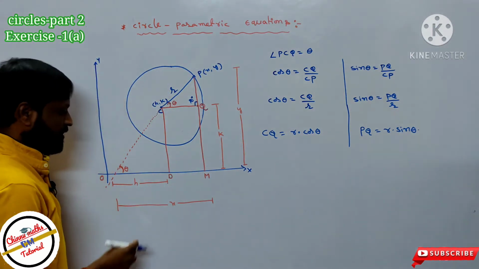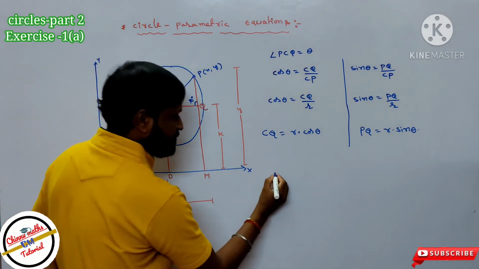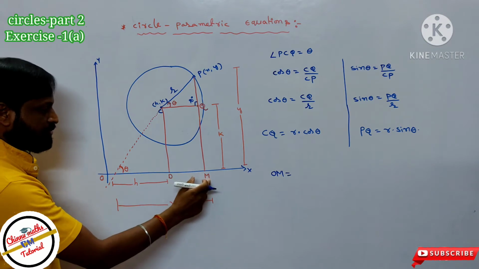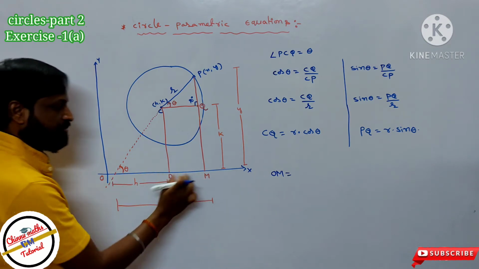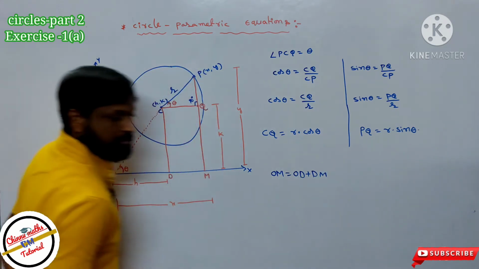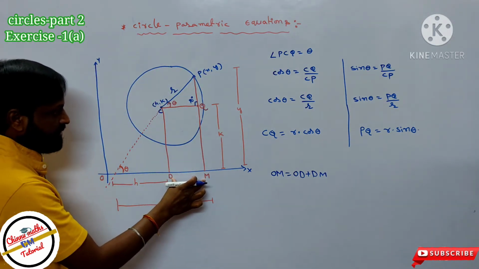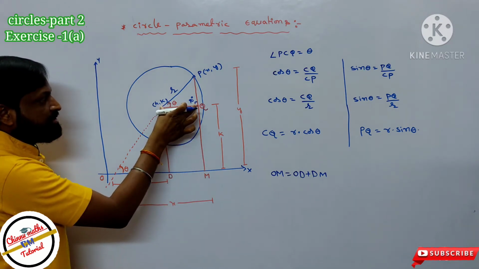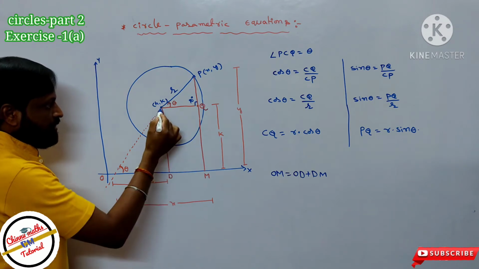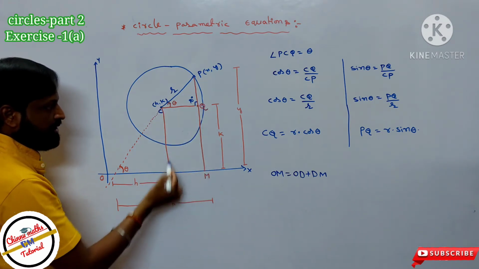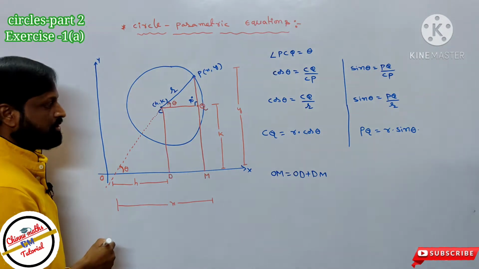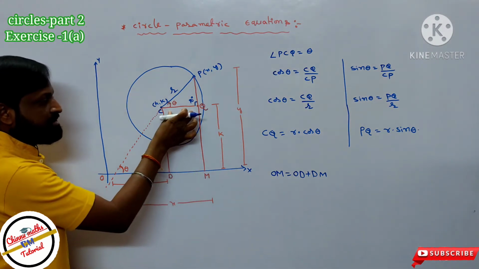Next you can write the OM value. According to the diagram, the total distance OM can be written as OD plus DM. What is the DM? DM is equivalent to this length. CQMD is a rectangle. In a rectangle opposite sides are equal, so that is why DM is equivalent to CQ.